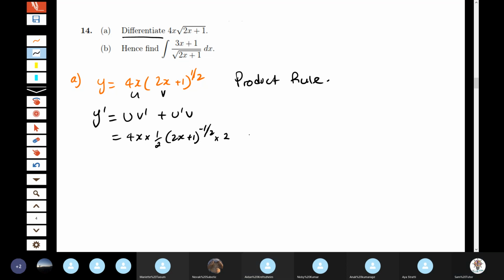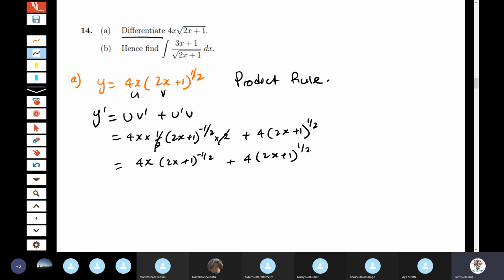Yeah. Plus, what's U dash? 4. 4 times V. Yeah. Bracket 2x plus 1 bracket to the power of half. The 2 and the half cancel out. You're left with 4x and then 2x plus 1 to the negative half plus 4 times 2x plus 1 to the power of a half.